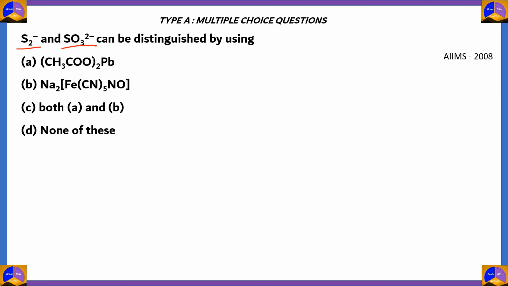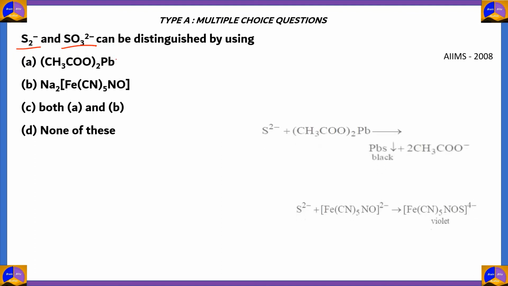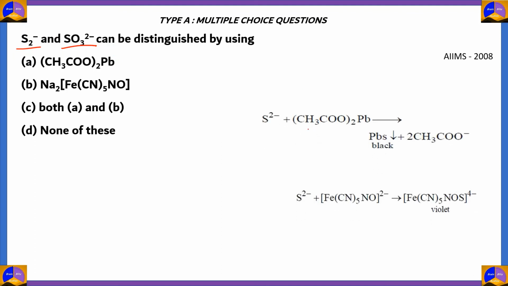Option A is lead acetate, option B is Na2[Fe(CN)5NO], option C is both, or option D, none of these. When it comes to S2- and SO3 2-, they react differently.